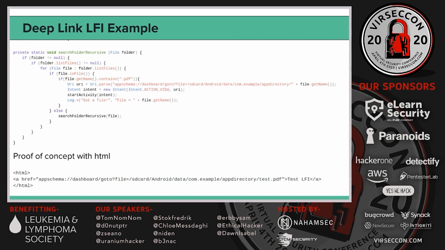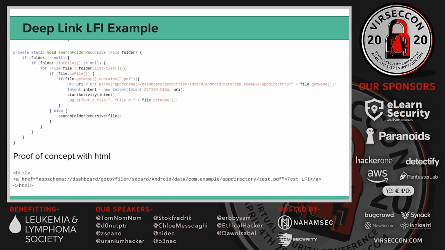So this is a method I use to search folders recursively for PDF files, because in my case, the vulnerability works specifically with PDF files. So this method basically destroyed all PDF files in the directory. Because the behavior was that if the LFI would look it up, it would only read a certain amount of bytes in, and then it would save over the file, making the file unusable.